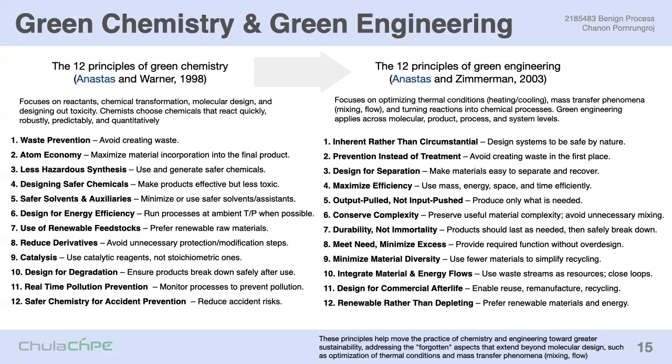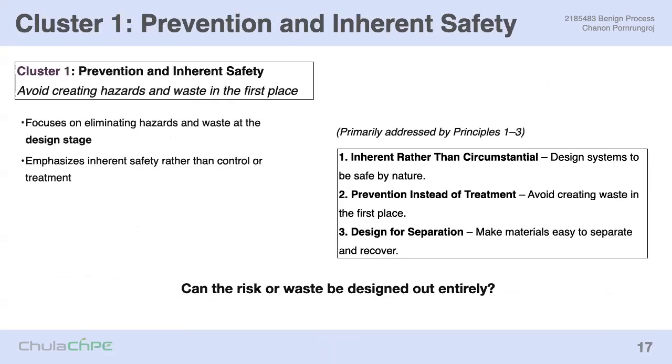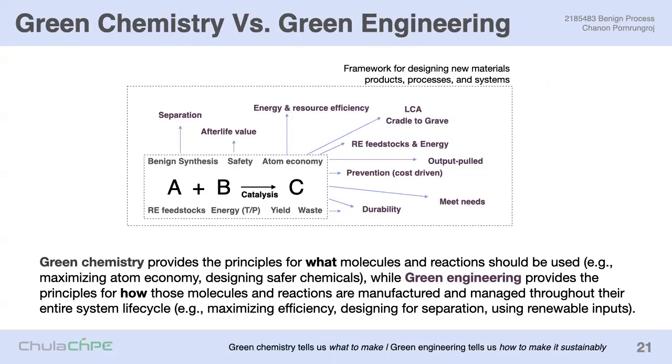When we look at chemistry, it's just a small picture compared to chemical engineering. In chemistry, we look at the process, mainly the chemical reaction: its safety, the atom economy, the yield, and the waste. But as chemical engineers, we think more about the sustainability of the product, the efficiency, and the cradle to grave, the whole life cycle.